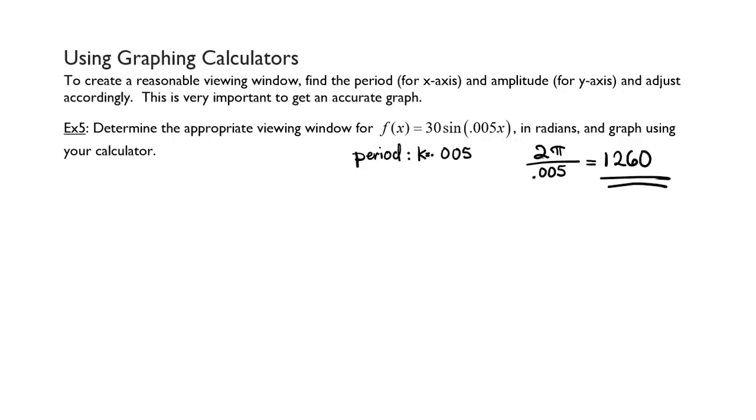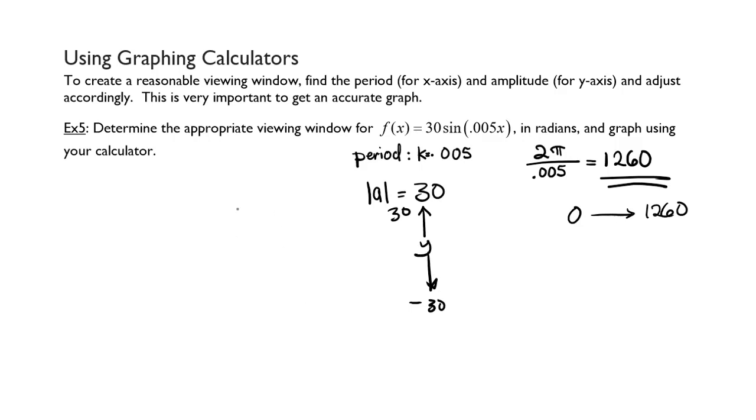It hasn't been shifted horizontally, so I can go on the interval from 0 to 1,260. And then my amplitude is 30, which means my window vertically needs to go from negative 30 to 30.